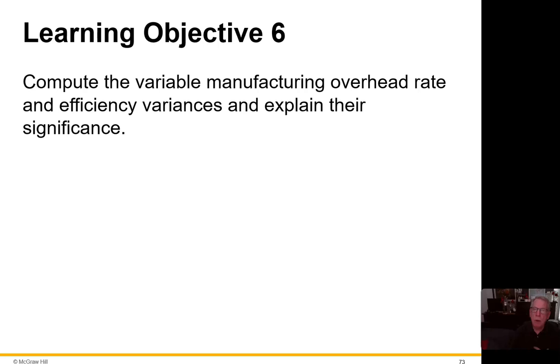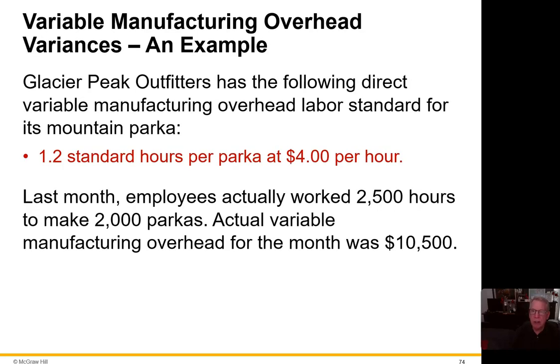So now we move into the variable manufacturing overhead rate and efficiency variances and explaining their significance. Here you'll remember we had 1.2 standard hours per parka at $4 per hour. Last month we actually worked 2,500 hours to make 2,000 parkas.